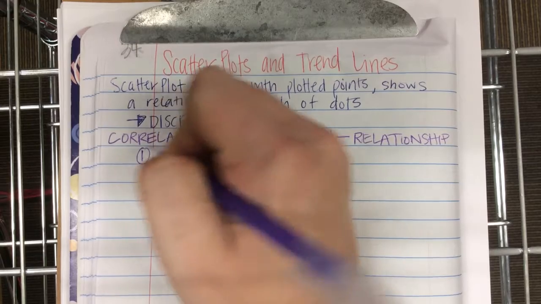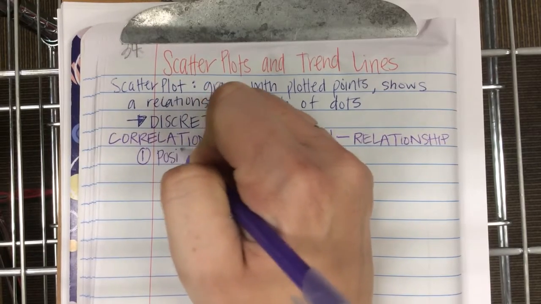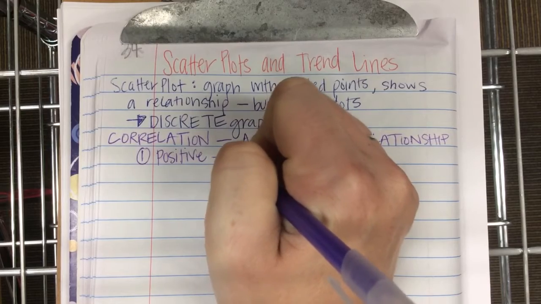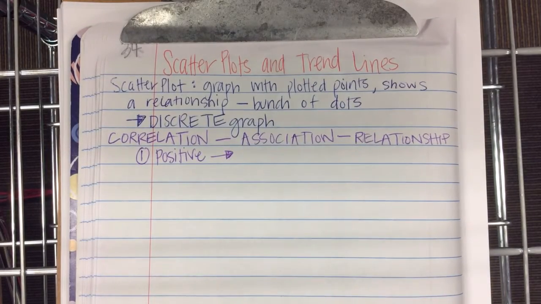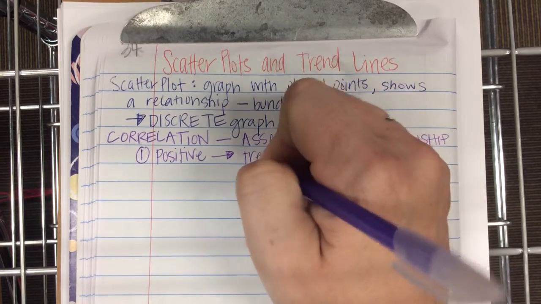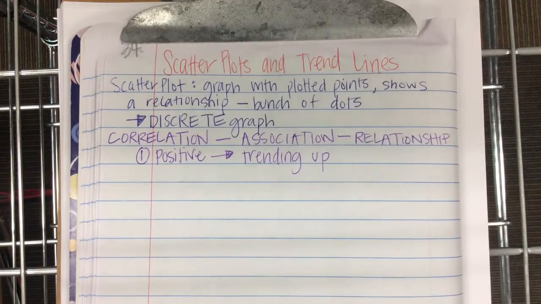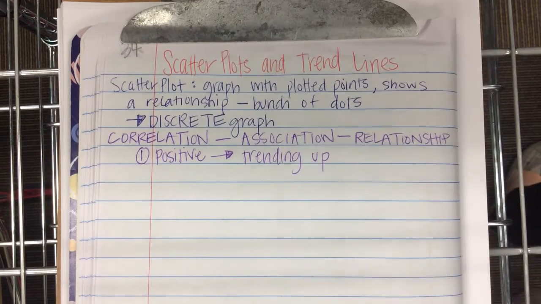The first one is positive. Think of it in Twitter world. A positive correlation is trending up. What does that mean if something's trending up? Does that mean that everybody's talking about it?